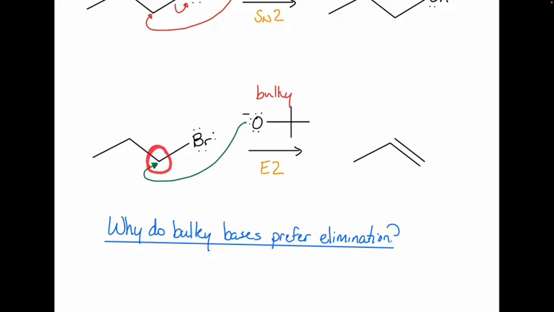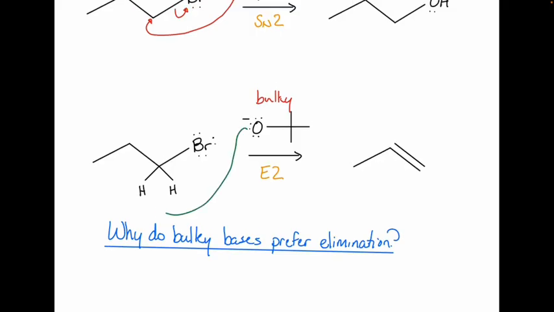What else is located on this carbon? Hydrogens, right? So if I'm being good, I've got to show that my bulky base has to make it past these hydrogen atoms in order to even get to that electrophilic carbon. Since it's big and bulky, is it going to have an easy time making it in there?